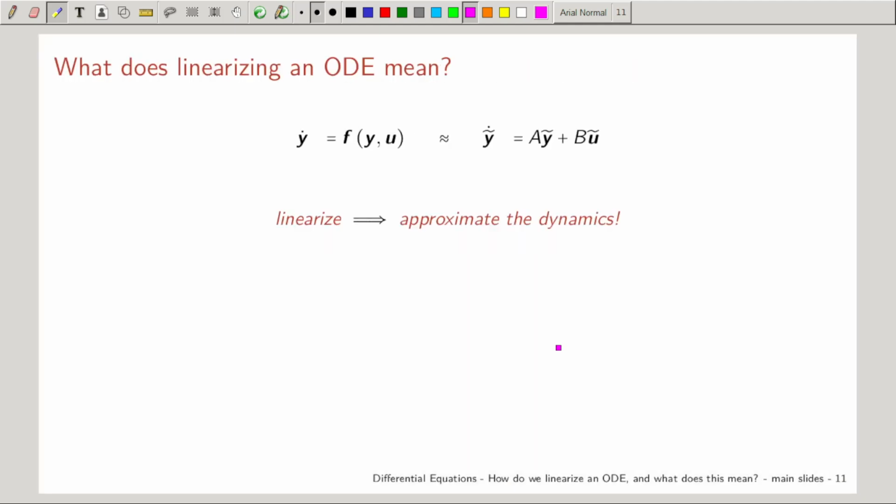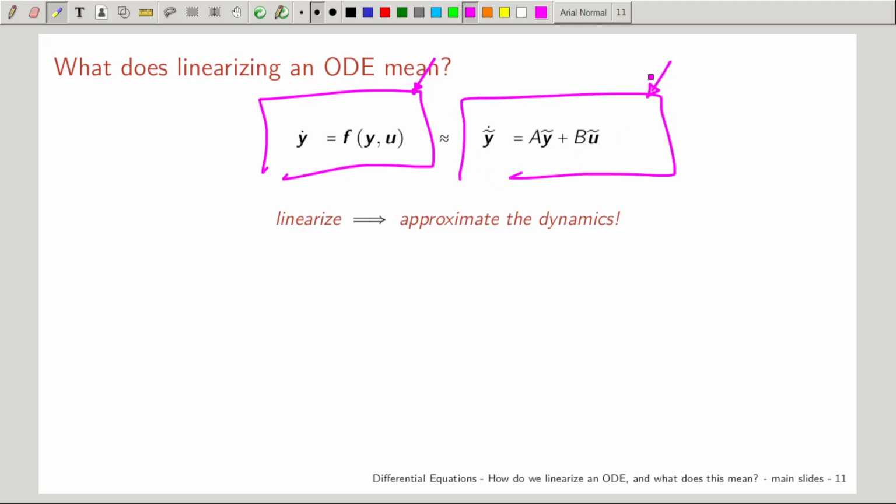Let's go to something that is important. If I linearize an ODE, it means that I am linearizing the dynamics. Now the interpretation. The previous part was linearizing functions. I think you remember; if you do not remember, recheck. It's just approximating functions.